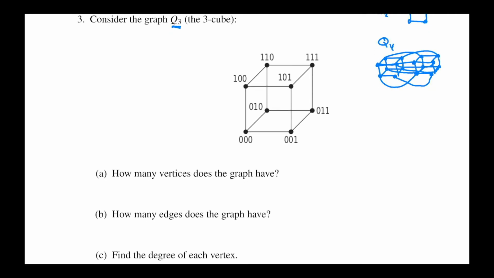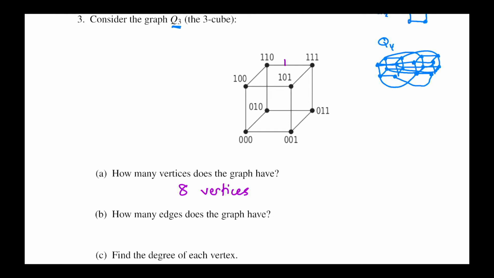Now, let's summarize the basic information about this graph. How many vertices does this graph have? There's no trick there. We're just going to be counting these up. So you just go 1, 2, 3, 4, 5, 6, 7, 8. 8 vertices. All right. And then you say, well, how many edges does it have? Well, start over.